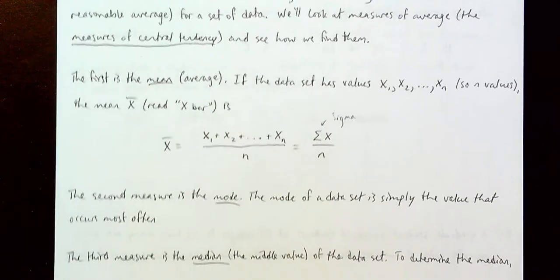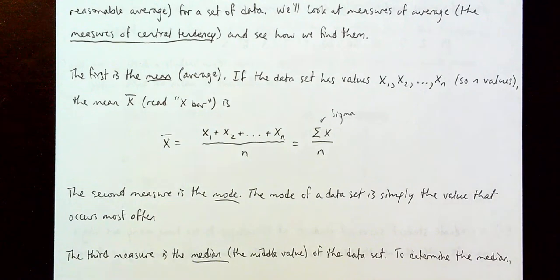The second measure is the mode. The mode of a data set is simply the value that occurs most often. Now, it is possible for there to be more than one mode. Perhaps there are two values that occur most often, and they occur the same number of times.